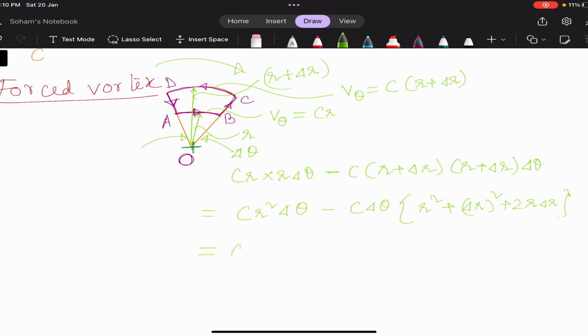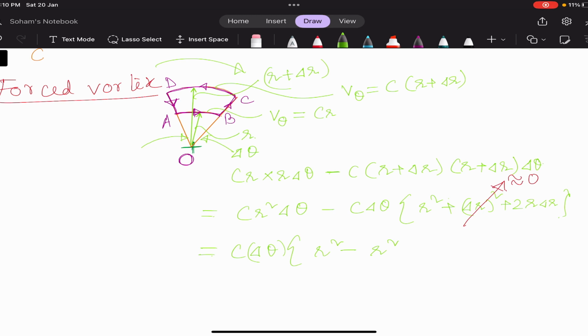So we can take C delta theta common, r squared minus r squared. These terms with delta r squared are very small, so we can neglect them.